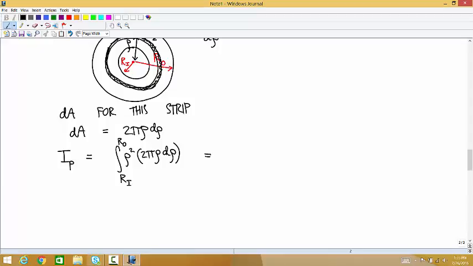And so you get, we'll pull the 2 pi out. Now we have the integral from R inner to R outer of rho to the third d rho.